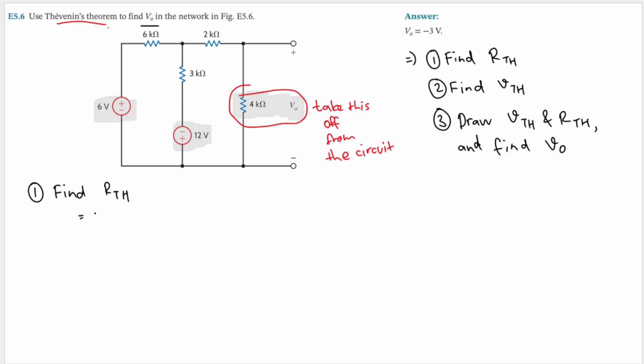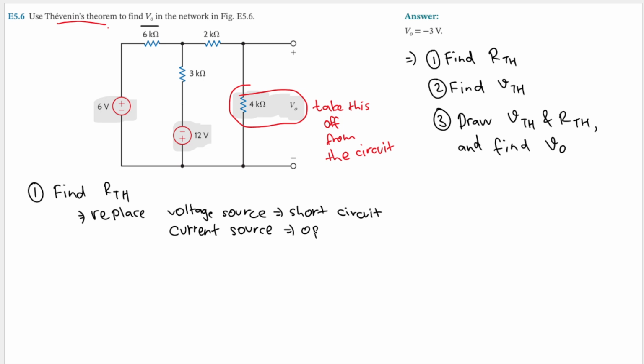We need to replace a voltage source with short circuit, and if we have a current source, we need to replace it with open circuit. So what we need to do is redraw the circuit to find the RTH.